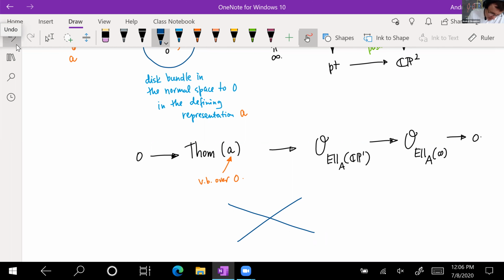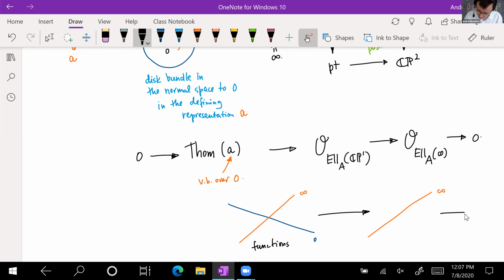Maybe let me draw it in two different colors. Functions here. Here I'm going to pull back to functions on this line, which maybe corresponds to the fixed point infinity, and this corresponds to the fixed point 0. I just pull it back to one line.